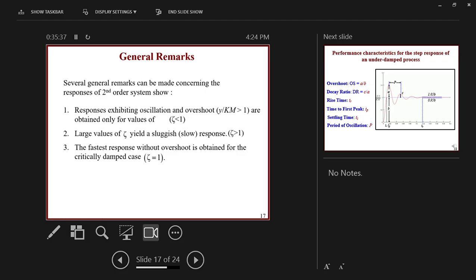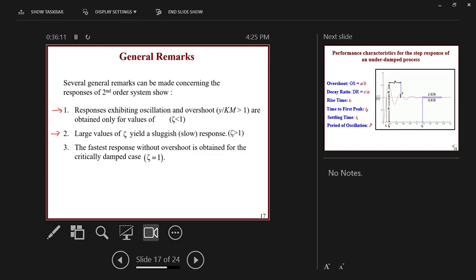Then we can put general remarks regarding the different cases of a second order process. The remarks are as follows. First of all, when zeta is less than 1, the response will be oscillatory and it will contain an overshoot. So this happens only when zeta is less than 1. When zeta is greater than 1, the process will be responding slowly, sluggishly.